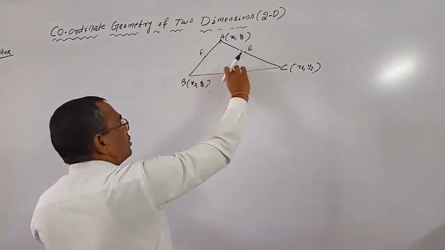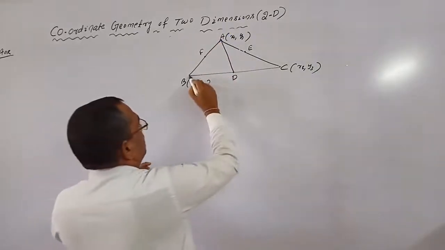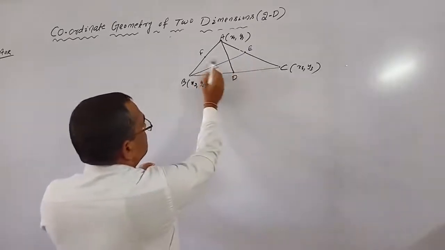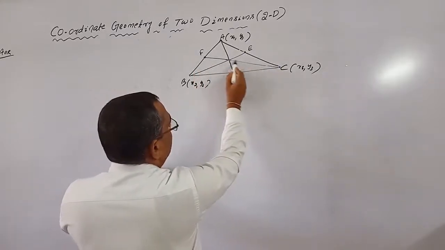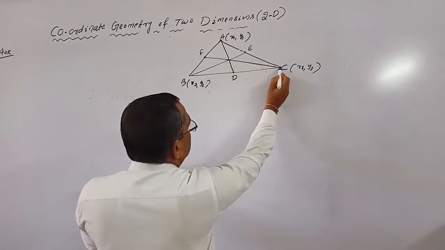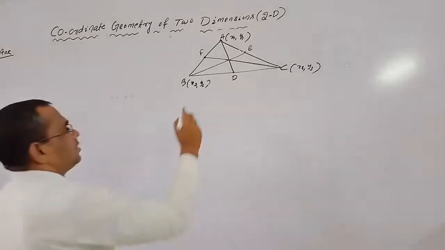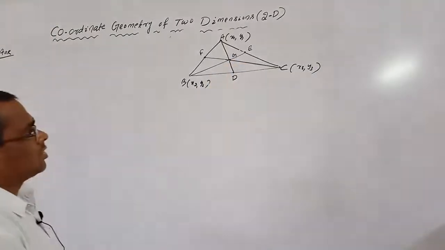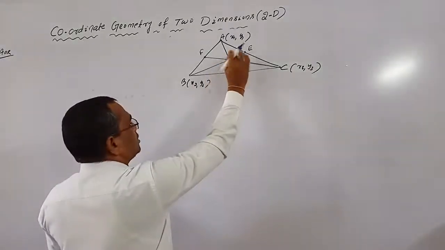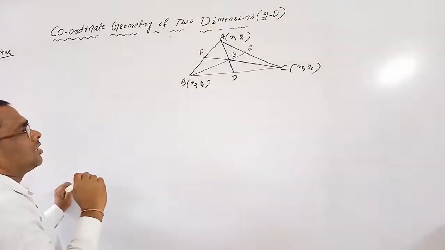Now joining these 2 points A and D, we get AD, BE and CF. So AD, BE, CF are the three medians of triangle ABC, and the point of intersection of these medians is known as the centroid, denoted by capital G. You know the centroid divides each median in the ratio 2:1.